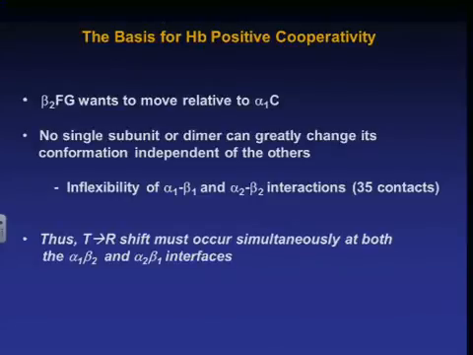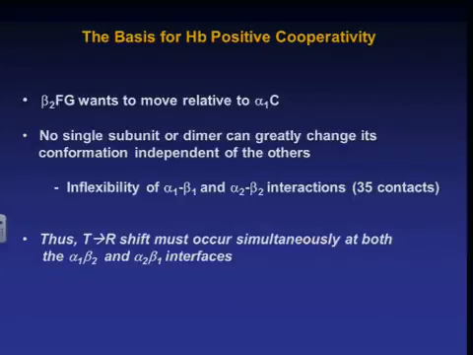The oxygen's binding to the heme, okay? Once it binds, we've got to get some movement. That FG corner has to move. So that beta 2 wants to move relative to the C helix and alpha 1. But what did we say about the structure in terms of it being a dimer of heterodimers, okay? It can move like this, but no one subunit can move independent of the others because they're linked by those strong interactions, right, between alpha 1, beta 1, alpha 2, beta 2.